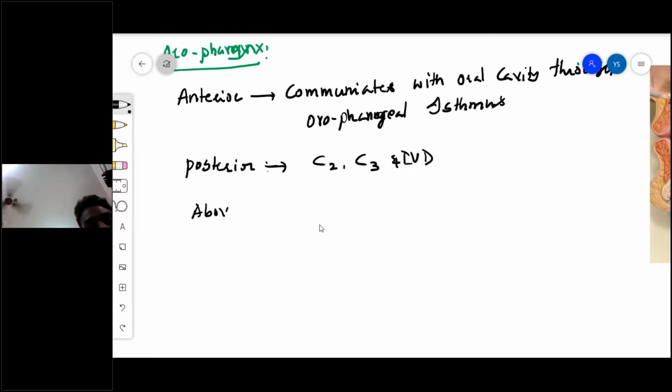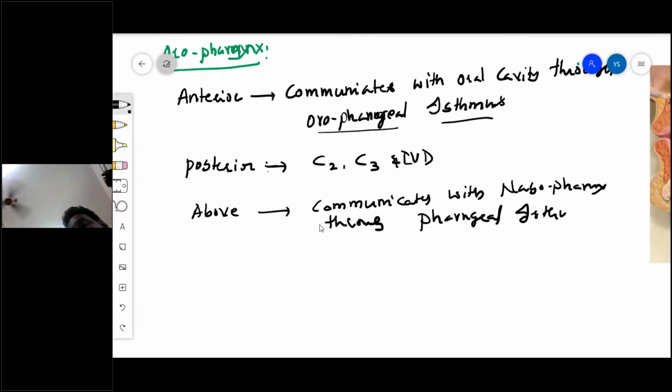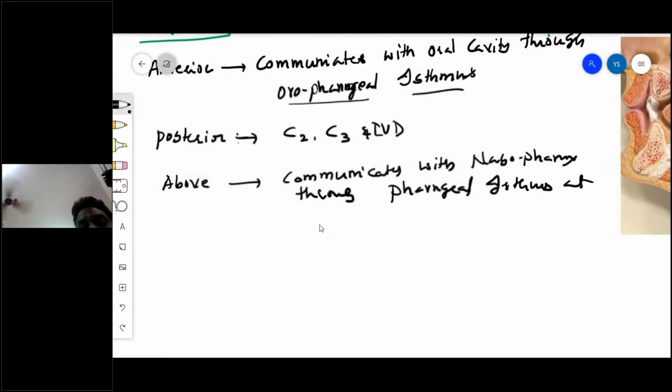And above, with what does it communicate? Above it communicates with the nasopharynx through which isthmus? The pharyngeal isthmus. I mentioned two here: one is the oropharyngeal isthmus, and here I am writing the pharyngeal isthmus at the level of the lower border of the soft palate. You write like that, above.